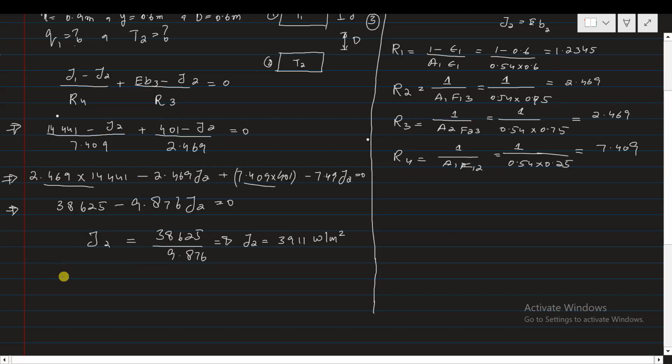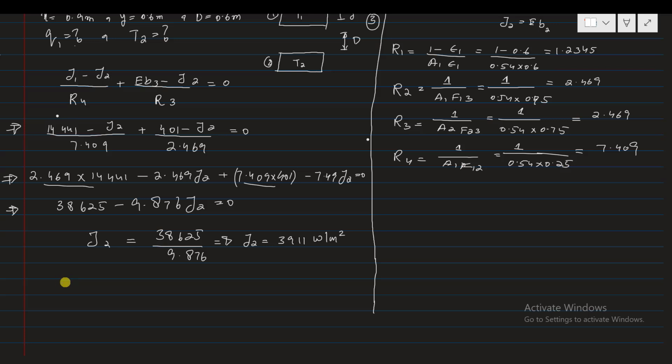Next is to find the temperature of plane 2. So EB2 is equal to J2, and it is equal to sigma T2 to the power 4. Just enter the values, and I'm writing the equation for T2. T2 will be equal to J2 divided by sigma, under the fourth root.